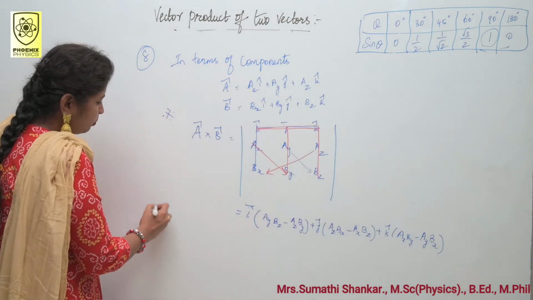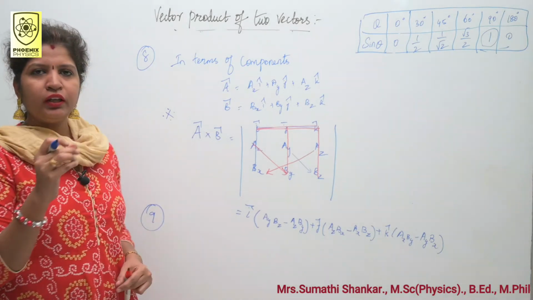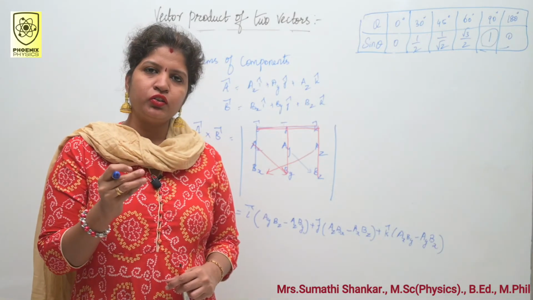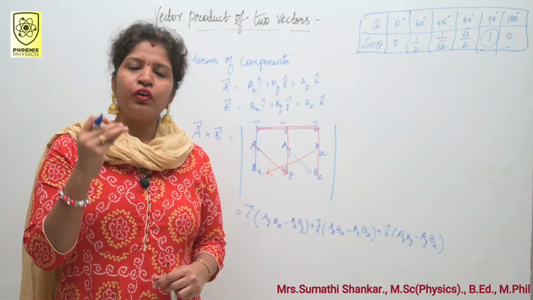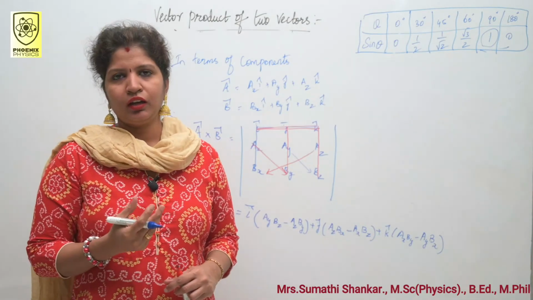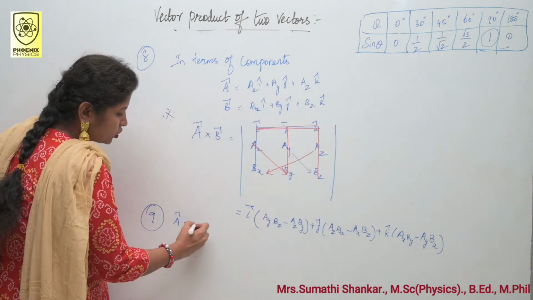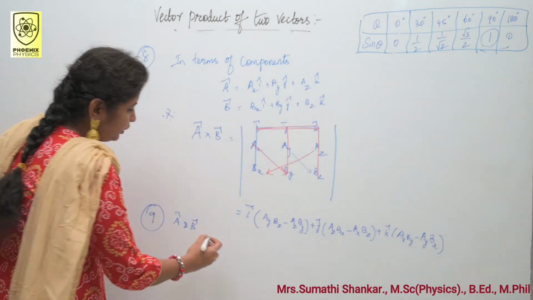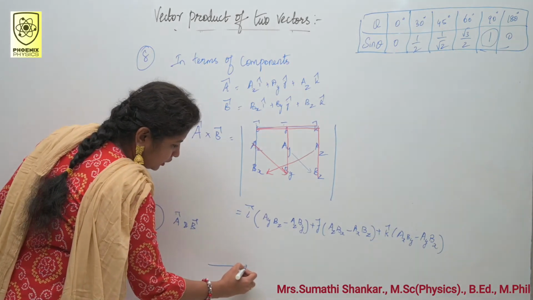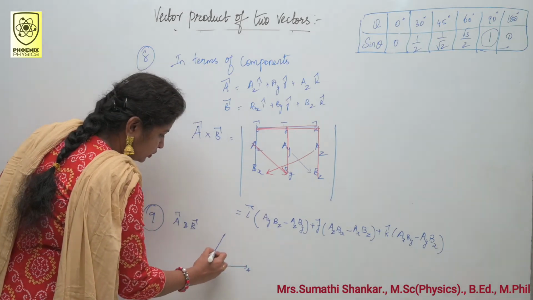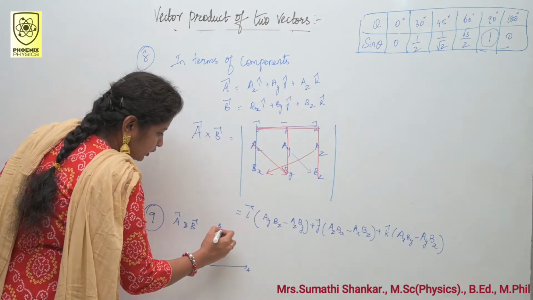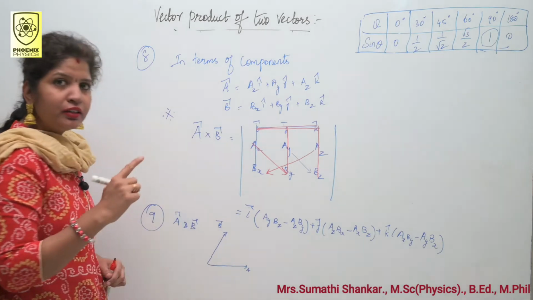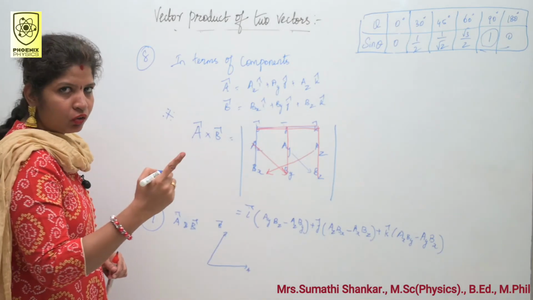Our ninth property: usually the vector product is used to find the area. A and B vectors are adjacent sides of the parallelogram like this. So this is my A vector and this is my B vector. These two are adjacent sides of the parallelogram.